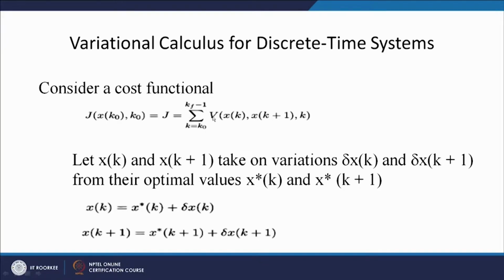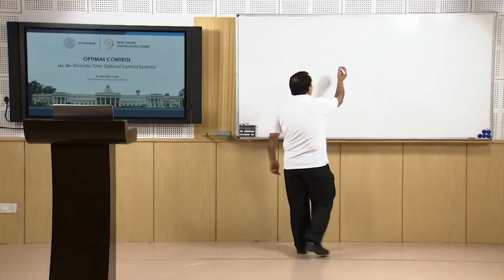More generally, this is v of x of kt, x of k plus 1 t and kt. So, in normal representation we are dropping the t and simply representing the function as v of xk, x of k plus 1 and k. So, this functional is nothing but the summation of the different scalars when k is varying from k0 to kf minus 1.